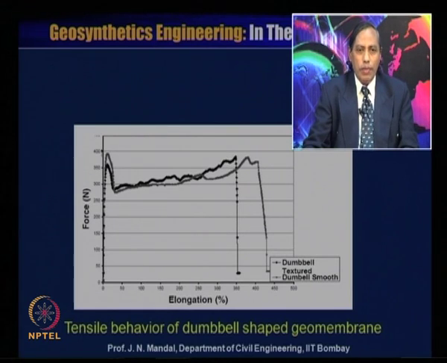This is the tensile behavior of dumbbell shape geomembrane. This is the force and elongation, for both textured and smooth. You can see that force is increasing, elongation is very less, and then it is decreasing, then it is constant, and then again it is increasing like this.